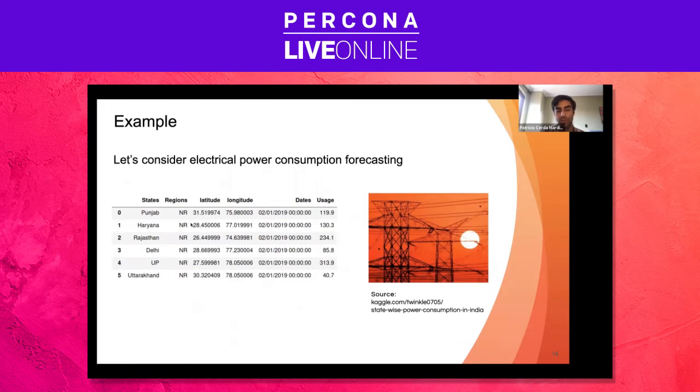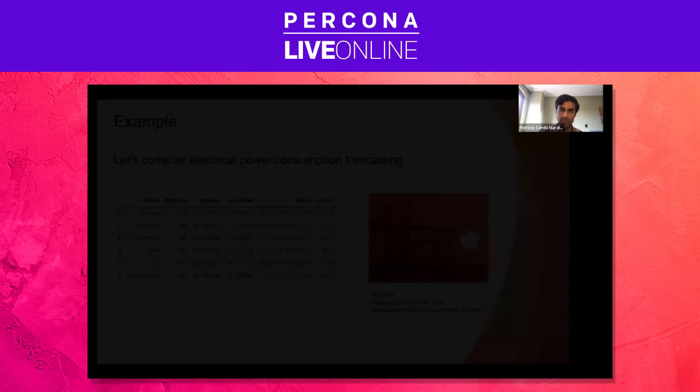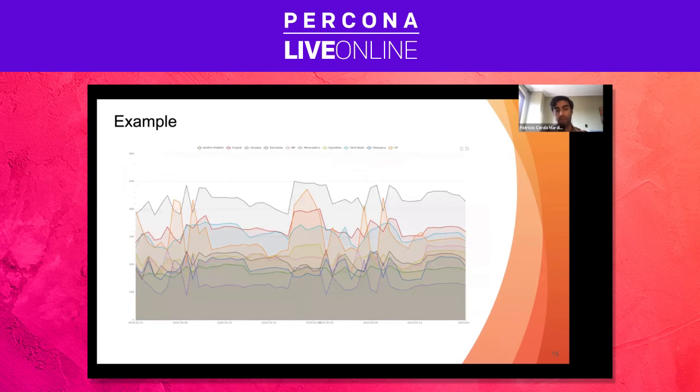And there's, of course, some additional information like on which region the state is, as well as some georeferential information. But the important thing is that we have for each different state some daily measurements that define the electrical power consumption. And so this, if plotted, would look something like this.